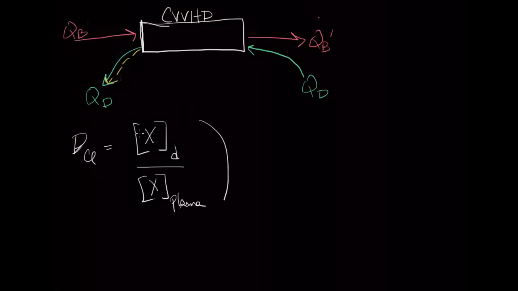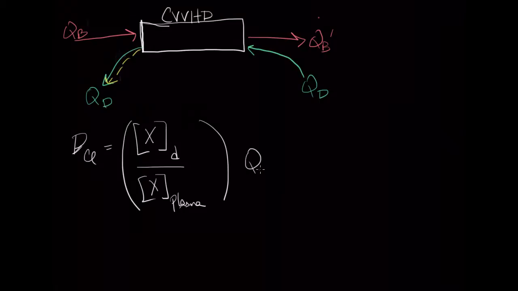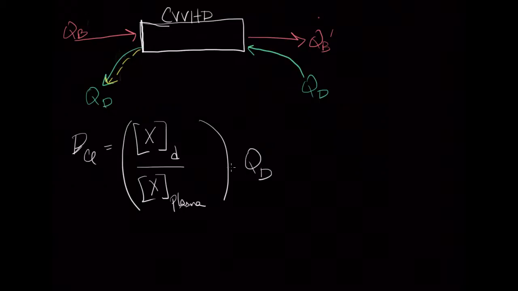So you've got the ratio of the concentrations, and then you have to have the fluid that's removed, the quote-unquote urine that's produced by the CVVHD machine. And in this case, it's this. This is your basic structure of a diffusive clearance equation for CVVHD.